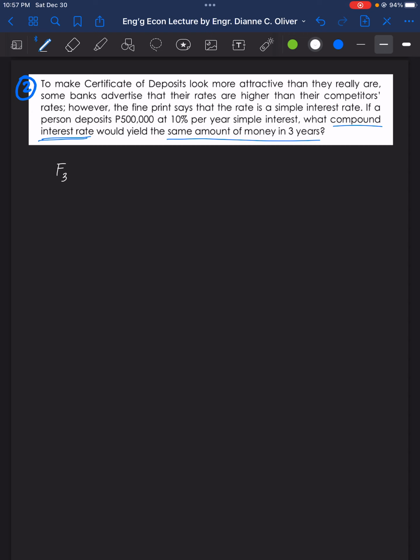Now using the simple interest, F3 is the unknown, and the principal deposit is 500,000 pesos. So for the simple interest, we're looking for F3 equals 500,000.